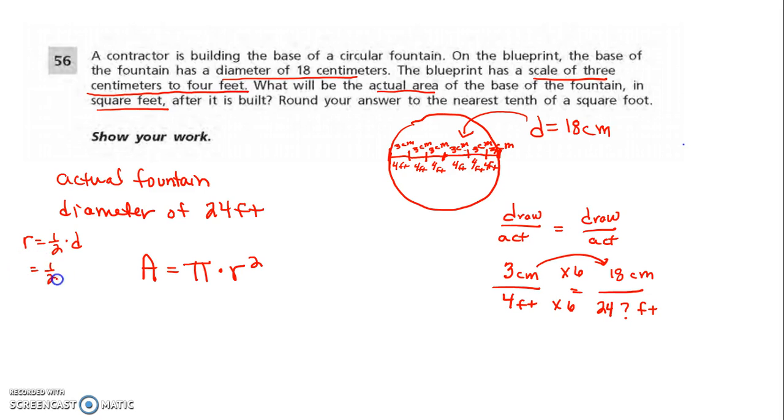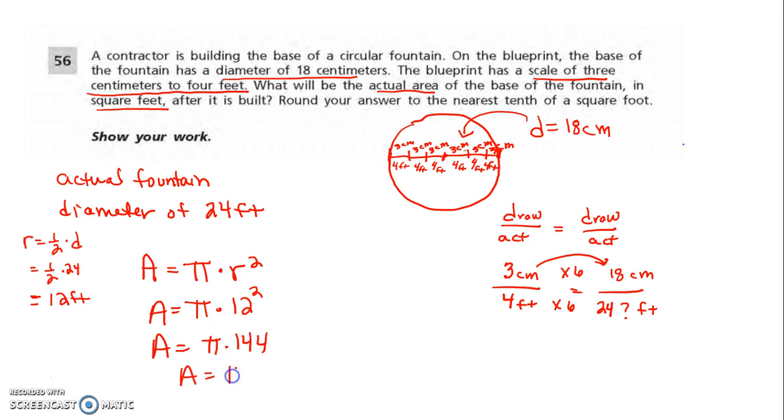So that would be 1/2 of 24. Half of 24 is 12. So my radius must be 12 feet. So our area will be pi times 12 squared, just substituting in the radius into our formula. So my area would be pi times 144.